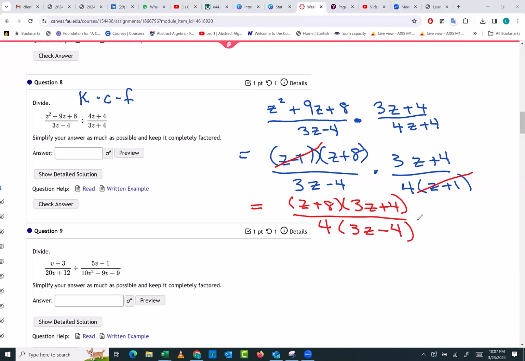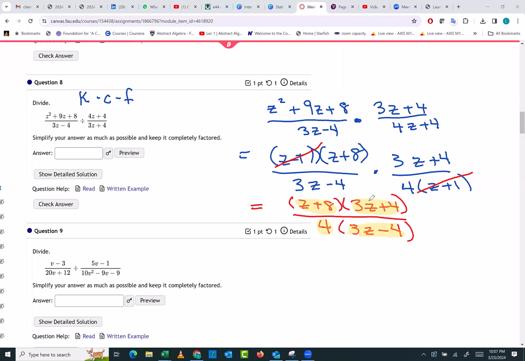Factors are things that are multiplied. I know I just said that, but that means that z plus 8 is a factor, 3z plus 4 is a factor, 4 is a factor, and 3z minus 4 is a factor. I have to really cancel all of those at the same time.